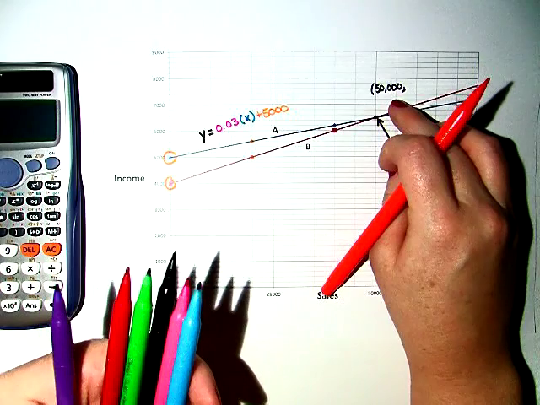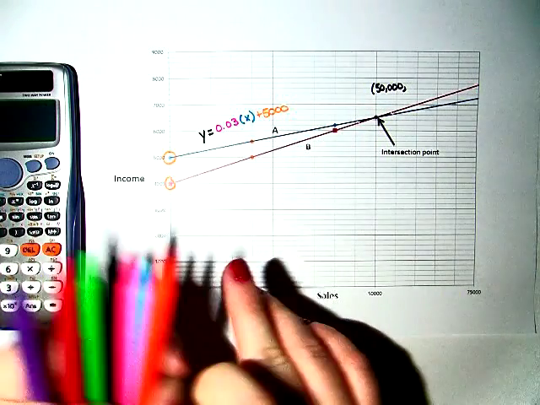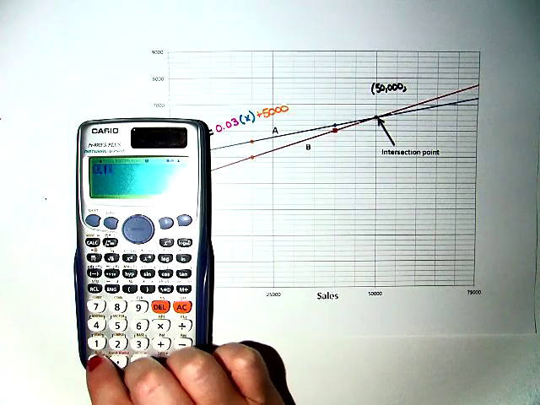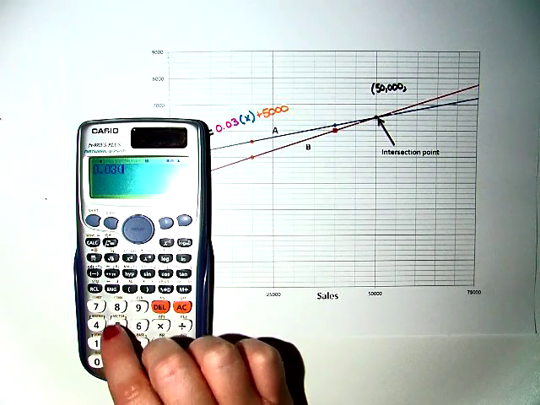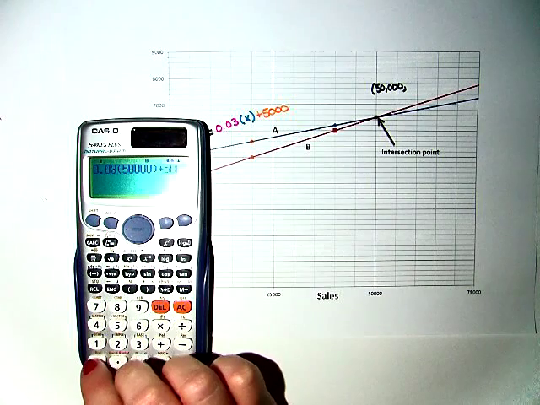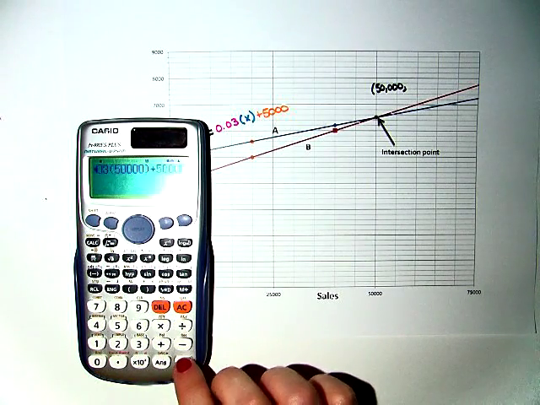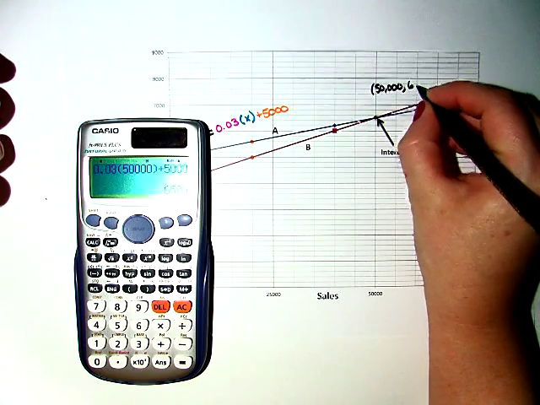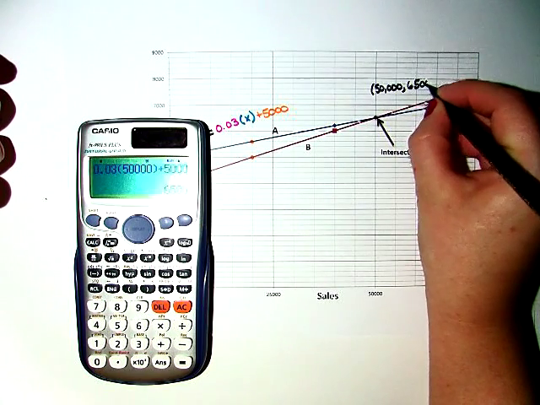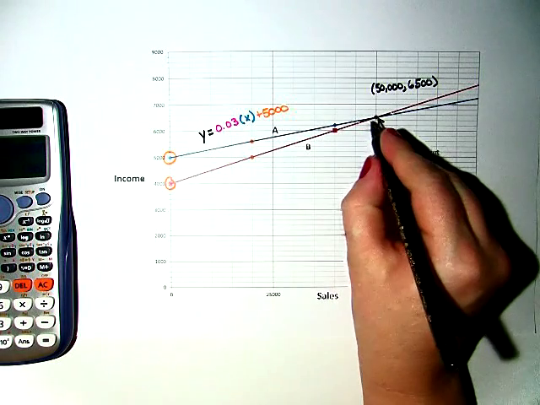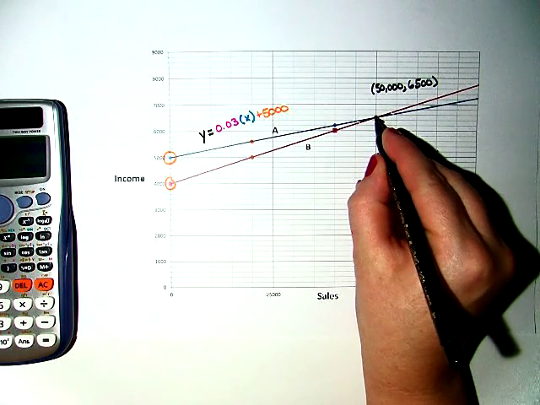We know 50,000 is their intersection point, so we're going to put 50,000 into this equation. So 0.03 times 50,000 plus 5,000. And that means that this intersection point is 50,000 and 6,500. So if we look here, here's 6,000, here's 7,000, and this hits directly in the middle.